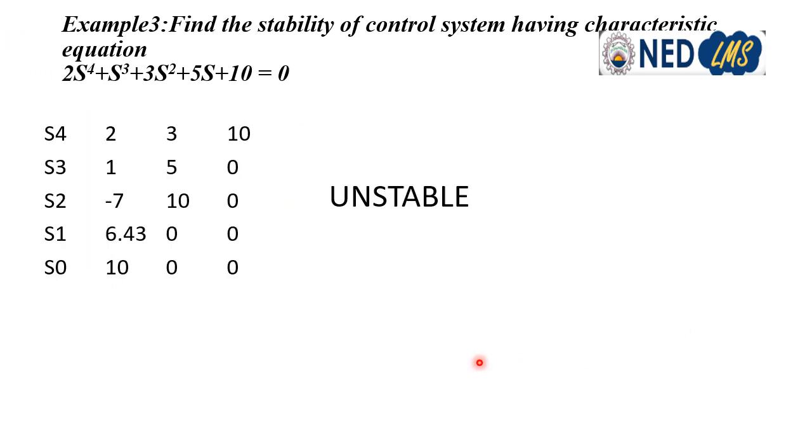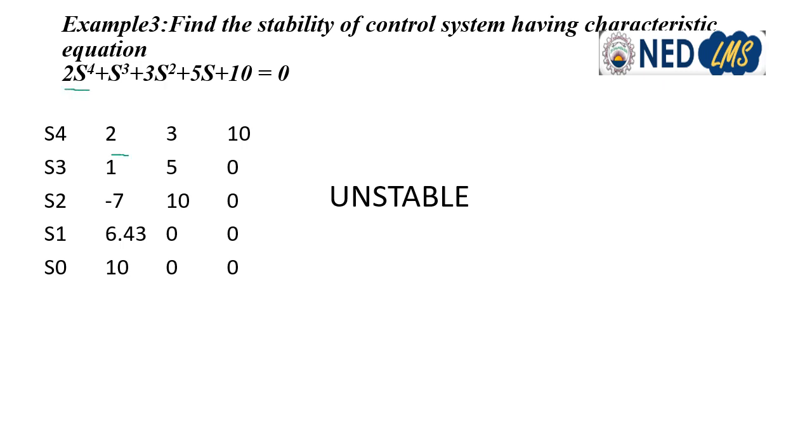This is another example. Find the stability of the control system having characteristic equation 2s to the power 4 plus s cube plus 3s square plus 5s plus 10. We can see easily that we have used the highest power of s and then decreasing powers of s in the first column to fill the Routh table. Then we have used the alternate coefficients. The first is s to the power 4, so the coefficient is 2.